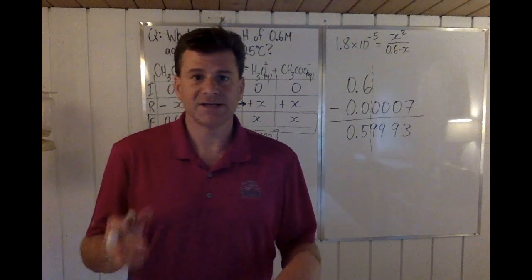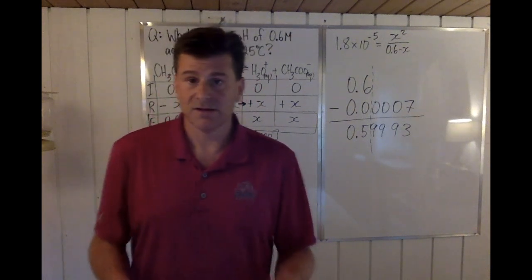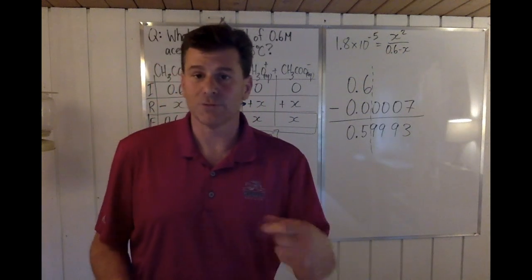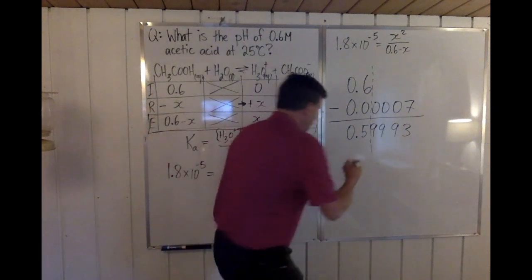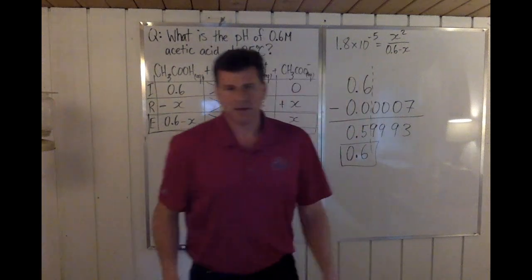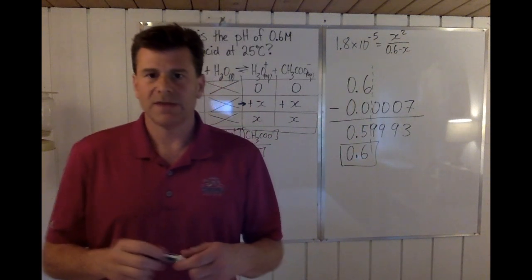So the least precise place value is a tenth in this case because of the 0.6. The other number goes to too many places. So that means you have to round it to the nearest tenth. Well, if you round this to the nearest tenth, what do you get? It comes back to 0.6.